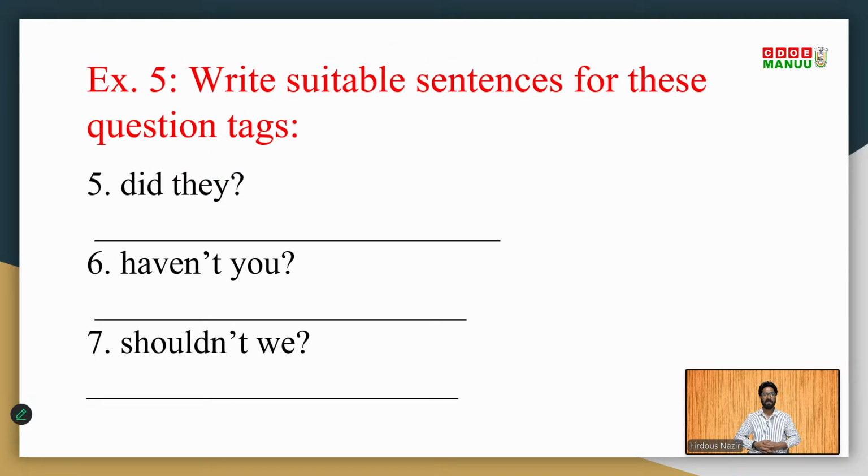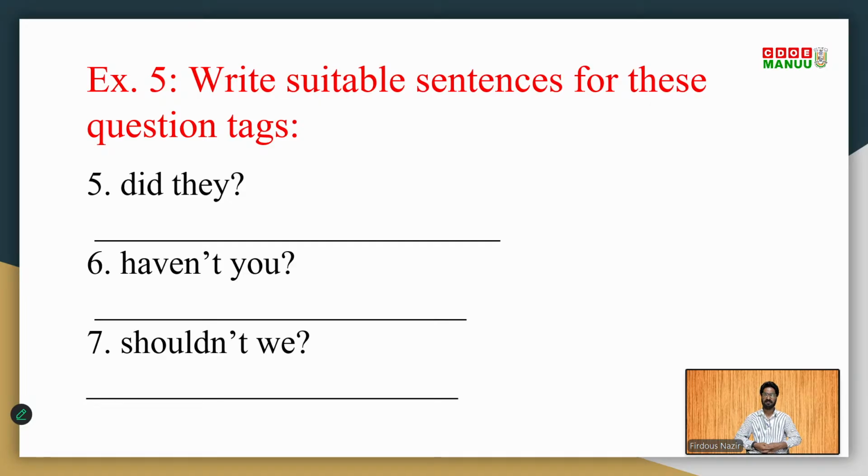Then we have did they? Again, we have a question tag, and it is a third person plural subject, and did is the past of do. So we're supposed to make a negative statement. They wrote a letter.